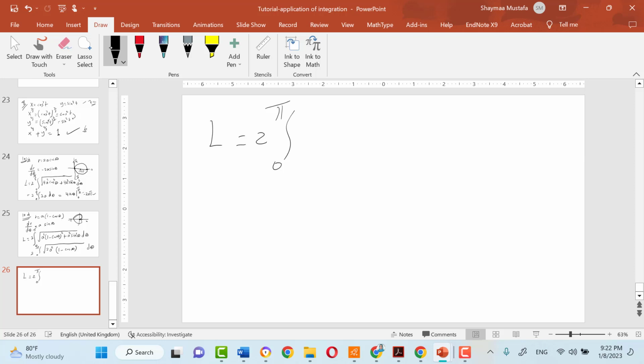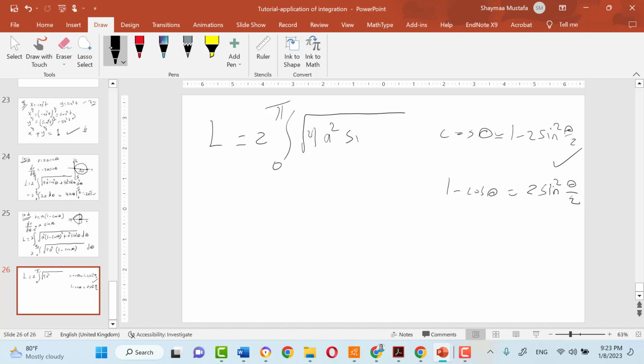2a. Now I have this identity that cosine theta is equal to 1 minus 2 sine square theta over 2. So from here, 1 minus cos theta is equal to 2 sine square theta over 2. So use this one to find that 2a square will become 4a square sine square theta over 2, d theta.